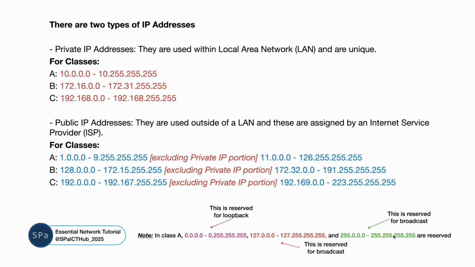There are two types of IP addresses. We have private and public. Private addresses are used within a local area network and are unique. In class A, the range is from 10.0.0.0 to 10.255.255.255, and there are private ranges in class B and class C as well.